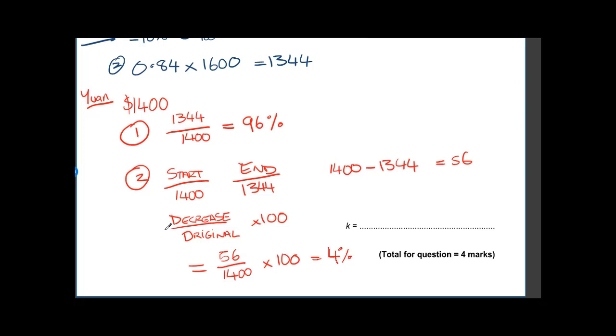So it's a 4% decrease, which means K equals 4%. And here, since that's 96%, we know it's gone down 4%.